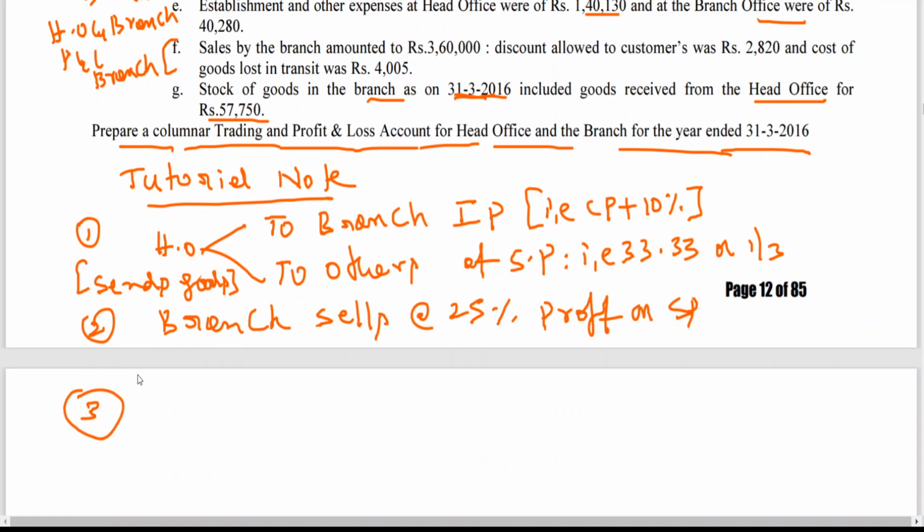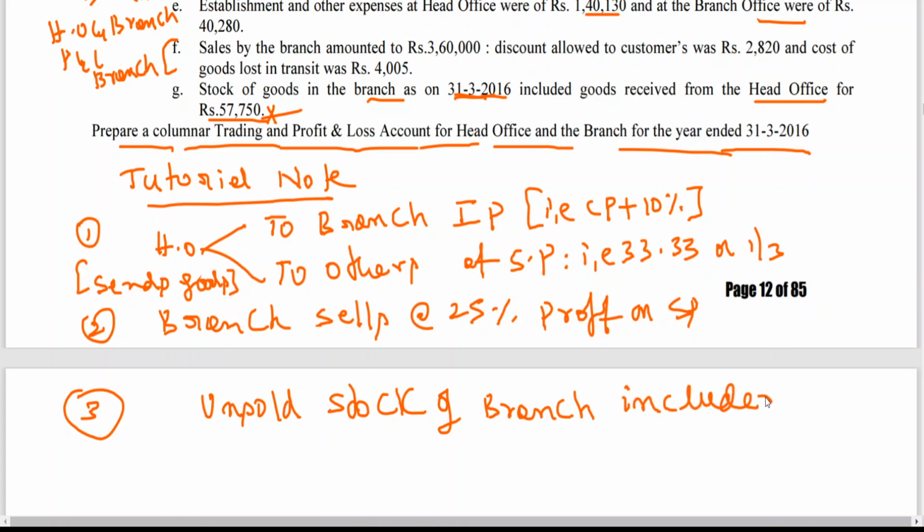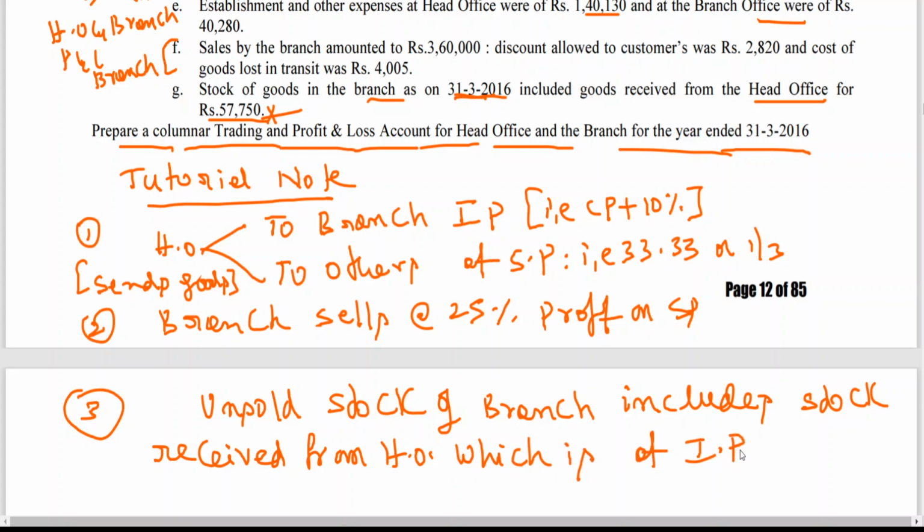Third point, just now I told you, unsold stock of branch includes stock received from head office, which is at invoice price.